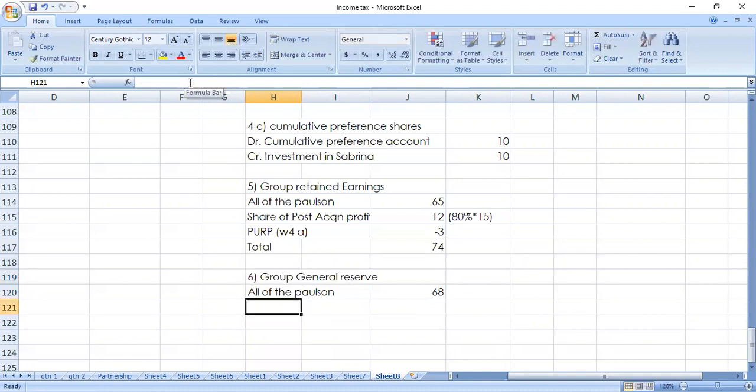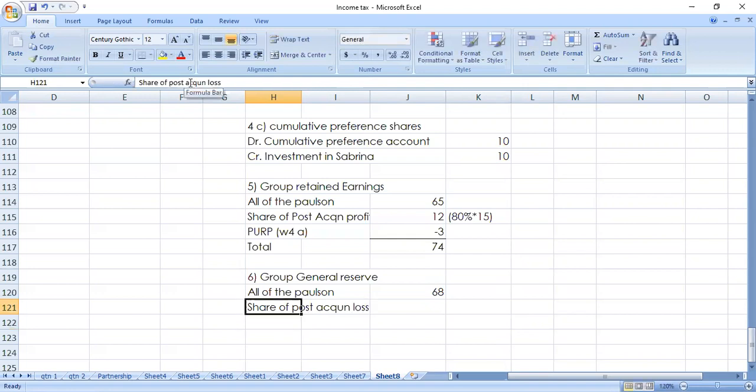Then you say our share of post acquisition movement. In this case, it was a loss, so post acquisition loss.